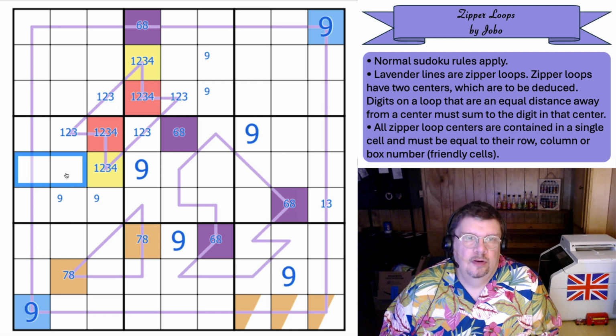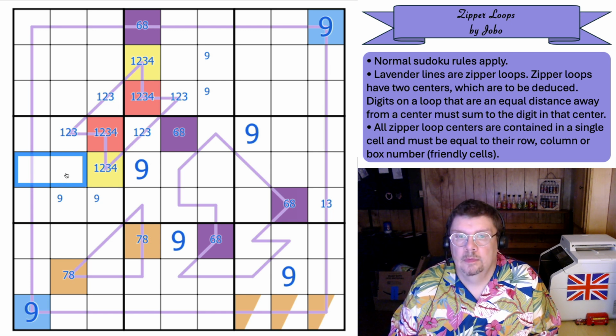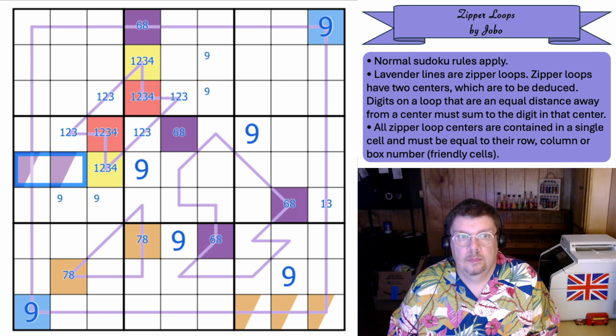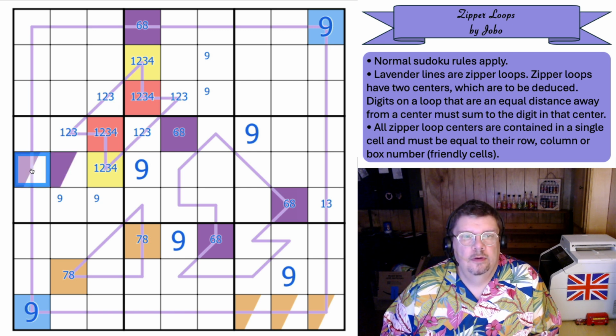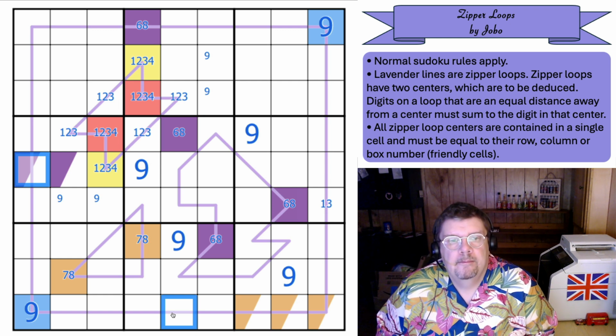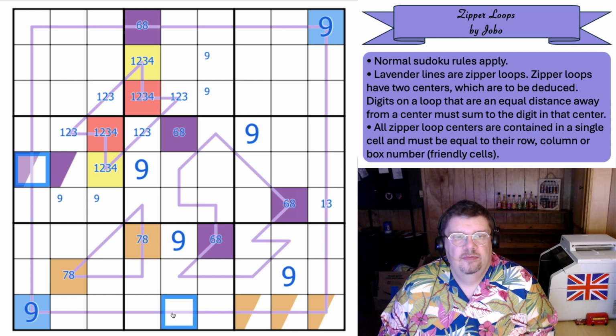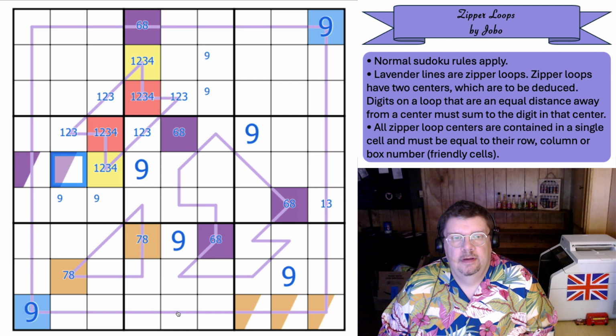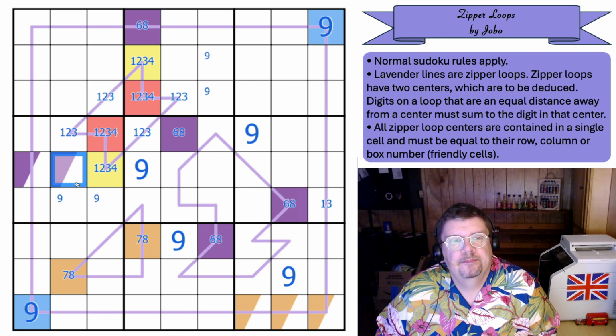One of those is purple. If it's this one, then that is a 1 or a 3. But if it's that one, that doesn't tell us anything extra.